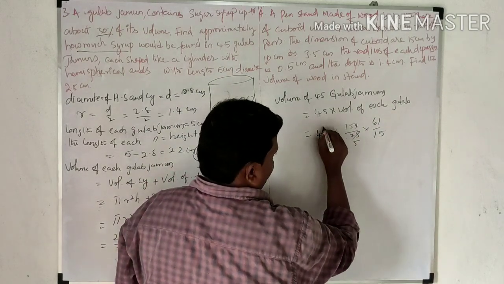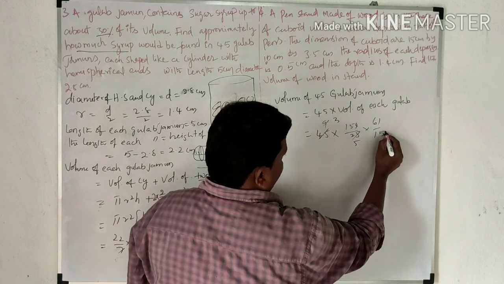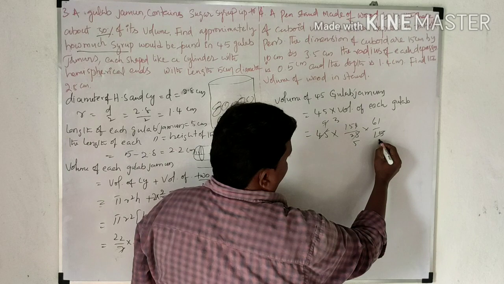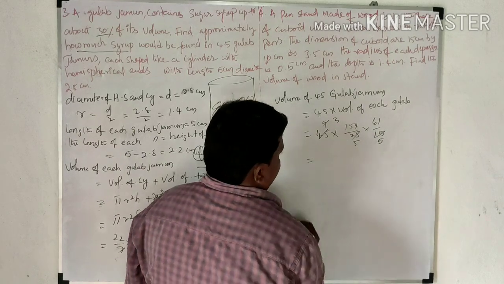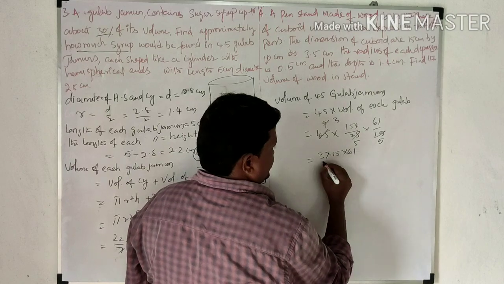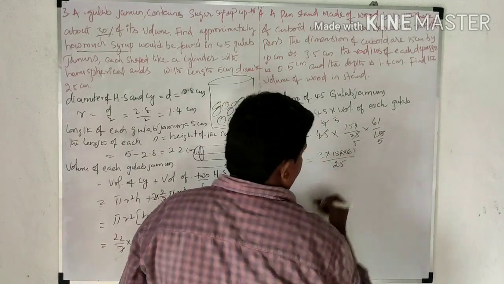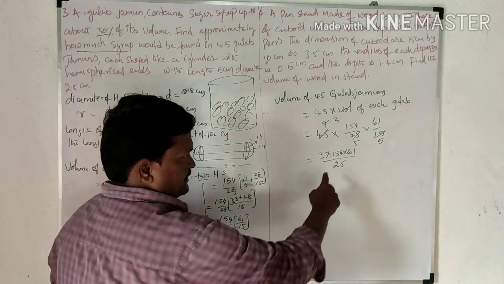After cancelling, this is 3 into 154 into 61 by 25. Now you have to multiply.